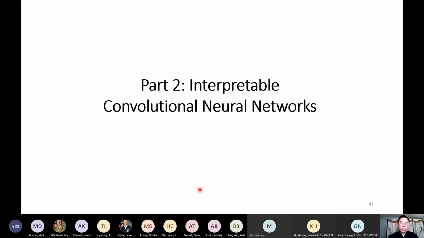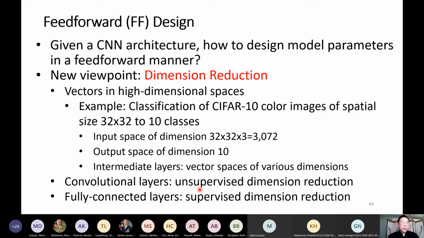But in order to do the feed-forward approach, you need some kind of good understanding of what's going on. So the way we look at this problem is not as an optimization problem. If you do BP, it's an optimization problem; we want to do feed-forward. So we look at this as a dimension reduction problem.